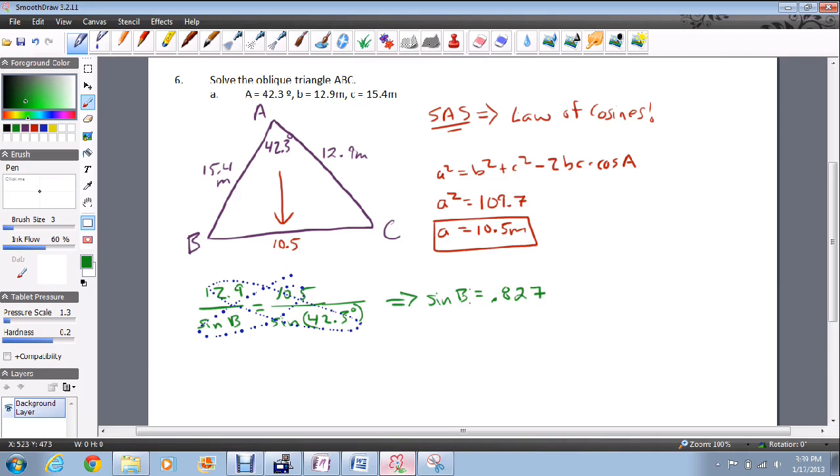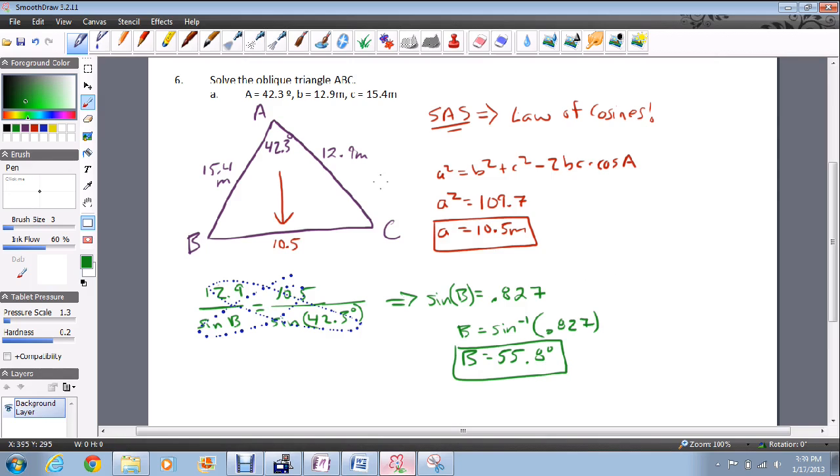Now, in order to figure out what angle b is, you take the sine inverse of both sides. So really what we get is b equals the sine inverse of 0.827. And that gives us the final answer for b of 55.8 degrees. And now we know that all of the angles in a triangle have to sum up to 180 degrees.